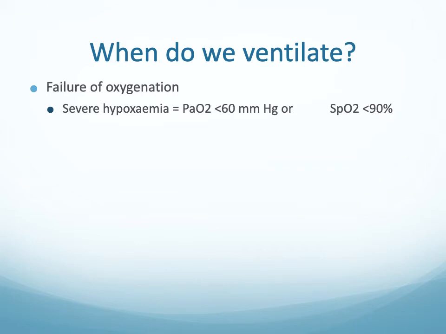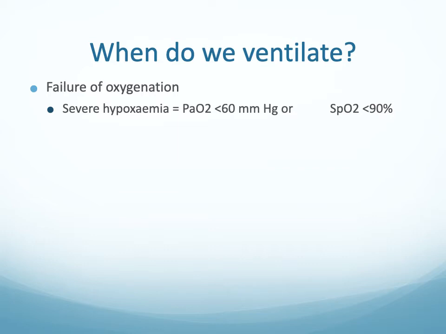Now, patients with a failure of oxygenation, if you remember what oxygenation involves, it's that exchange of oxygen from the alveoli into the blood. So it's going to be anything that's got primary lung disease, or a diseased alveoli, or something preventing exchange at the alveoli.